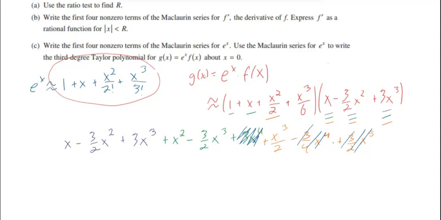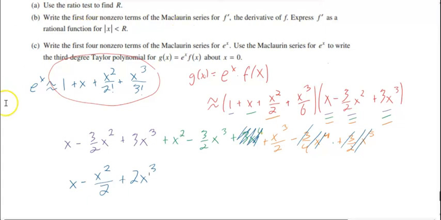If I combine these terms, or I could leave them in, quote, unquote, AP form, if you combine them, we wind up getting x minus x squared over 2 plus 2x cubed. That's what you get when you combine all the remaining terms here.